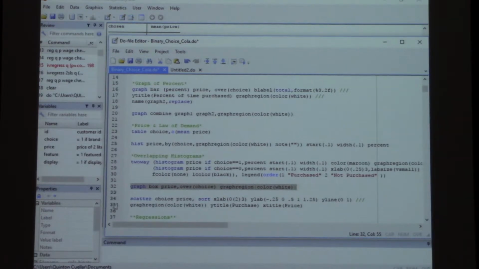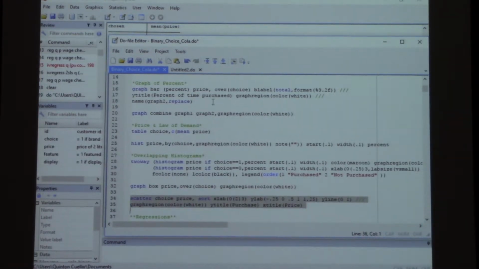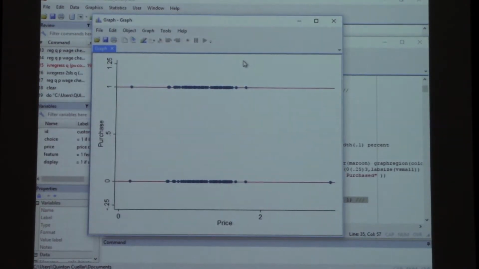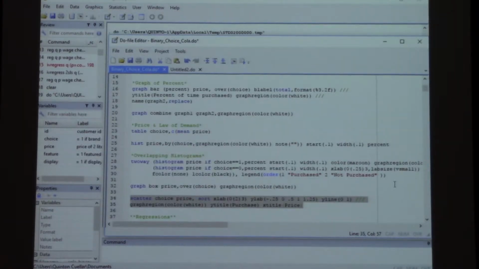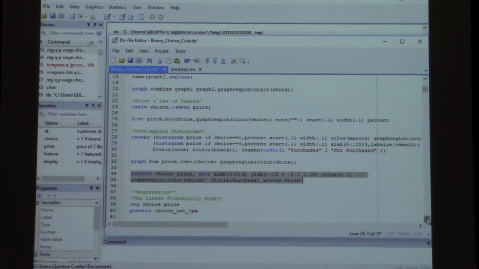We know scatter diagrams, there's just not a whole lot we can do with the scatter diagram. So there's our scatter diagram. Use the linear probability model.